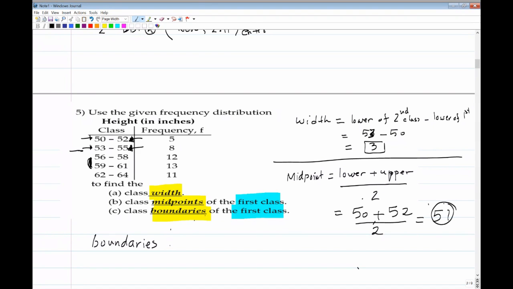We subtract 0.5 from the lower of the class, since we're talking about the first class, and then we add 0.5 to the upper bound of the first class.